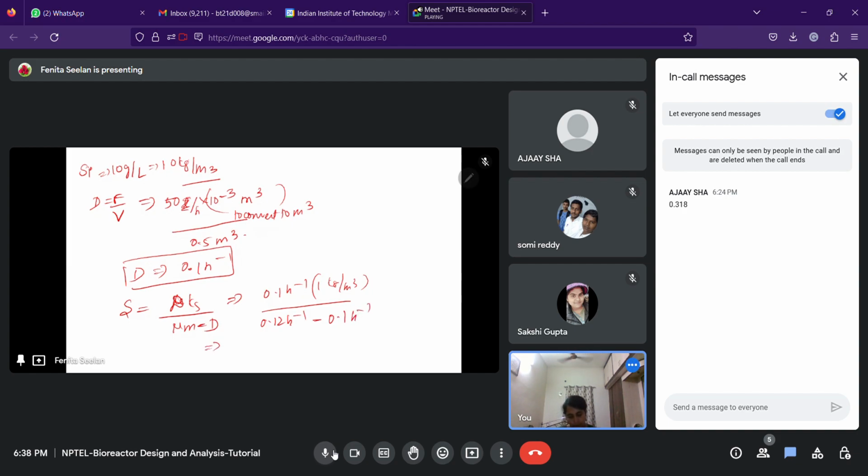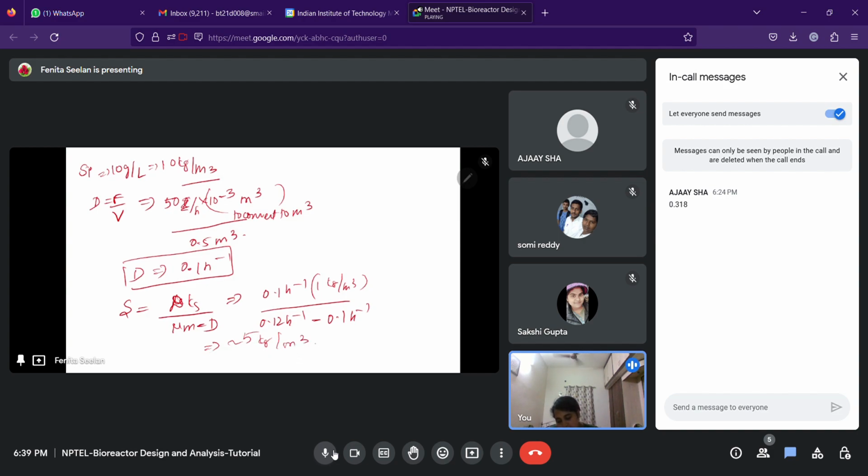So what would be the value of S? It will be around 5, right? Approximately 5 kilogram per meter cube.